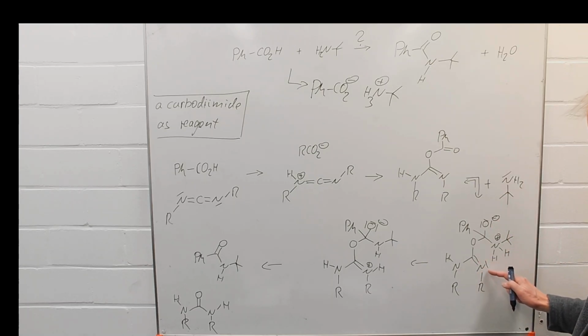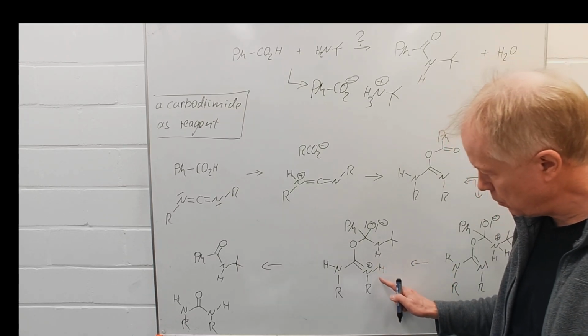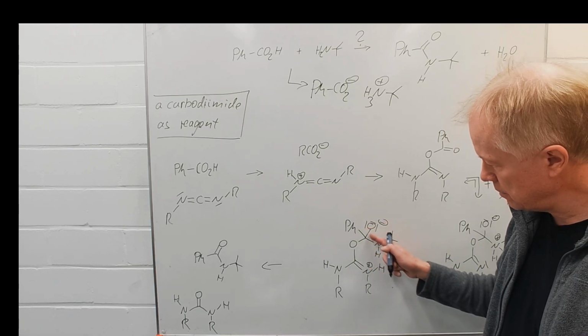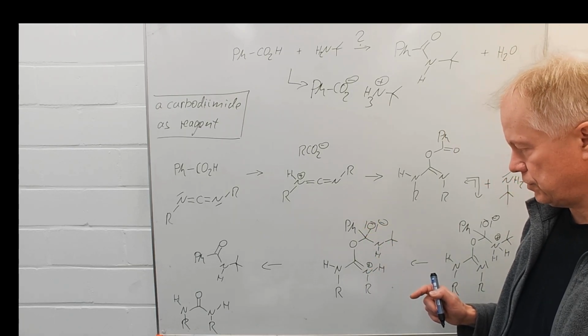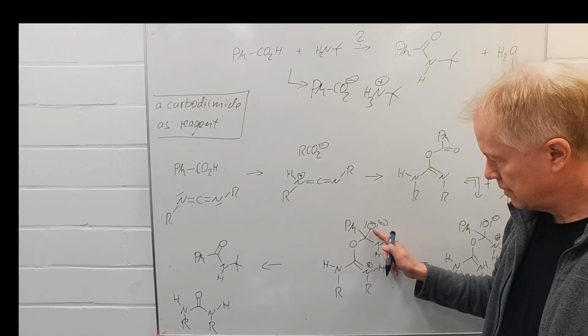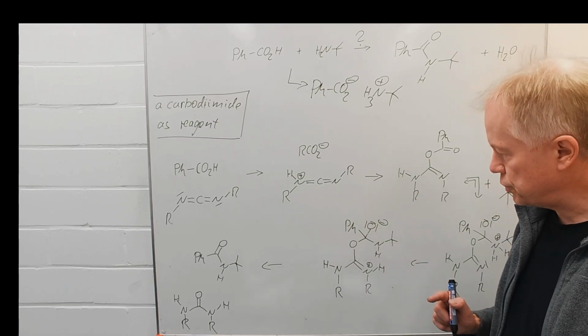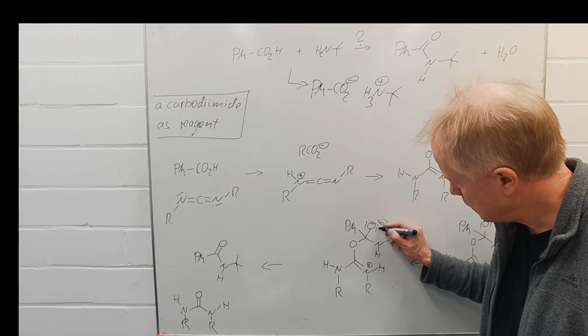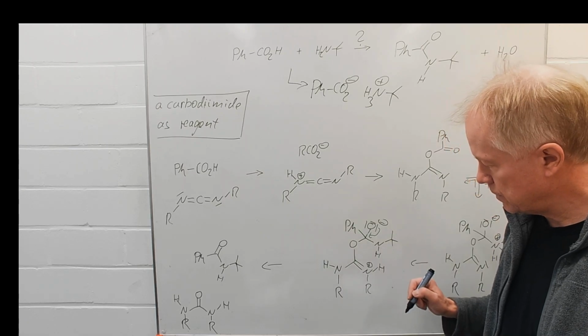Now we have again a basic imine functionality in close proximity to those acidic hydrogens. A proton transfer takes place. Now we have this iminium cation, and again here the high electron density. Well, in a concerted process, from that single bond, a double bond will be formed.